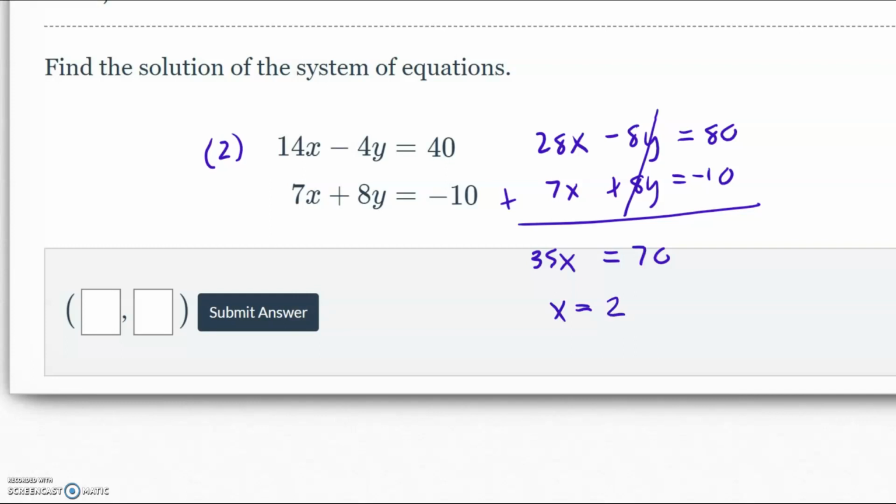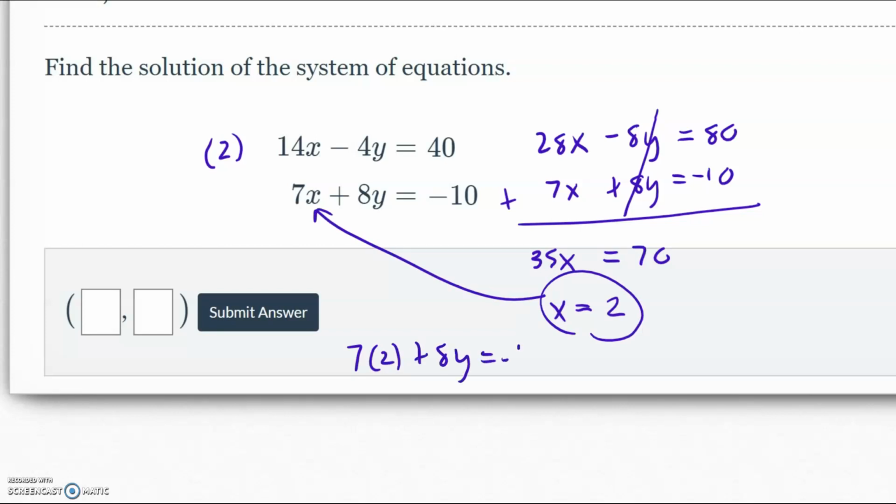Take your 2 and plug it back in somewhere. I'll go to the bottom one over here. So I'm going to take this x and go right here with it. 7 times 2 plus 8y equals negative 10. 14 plus 8y equals negative 10. Subtract the 14. 8y equals negative 24.